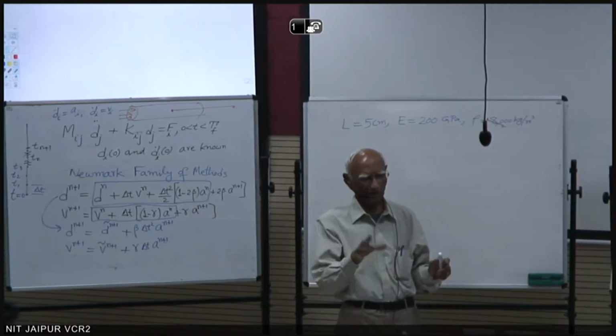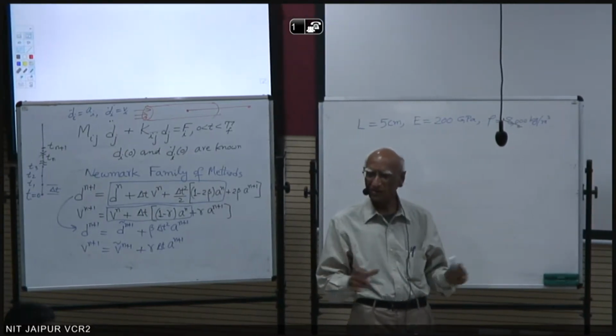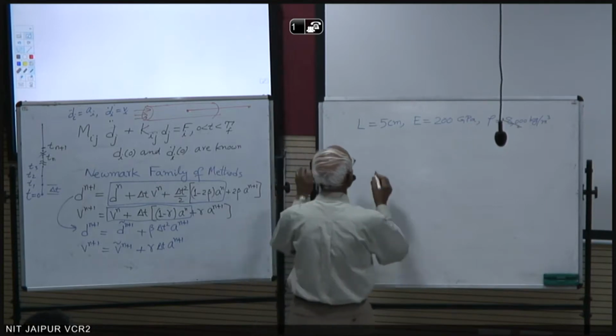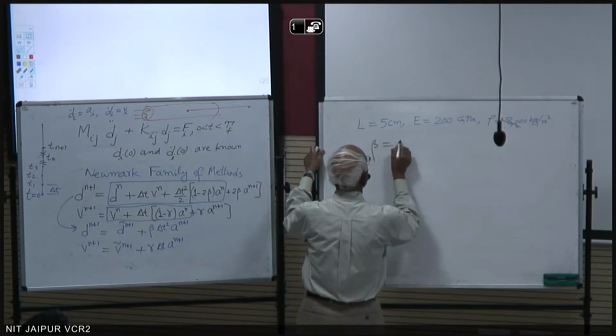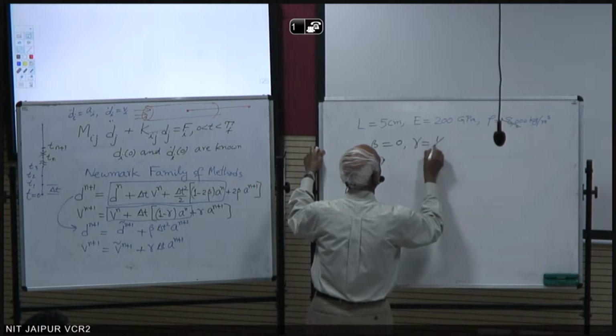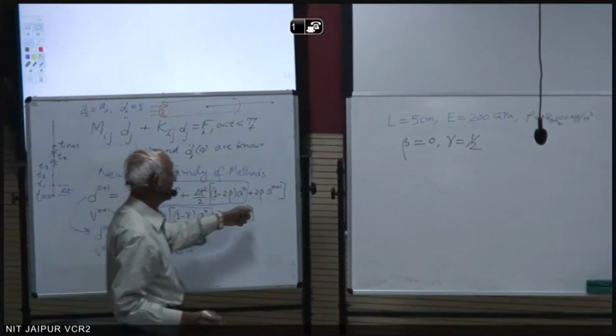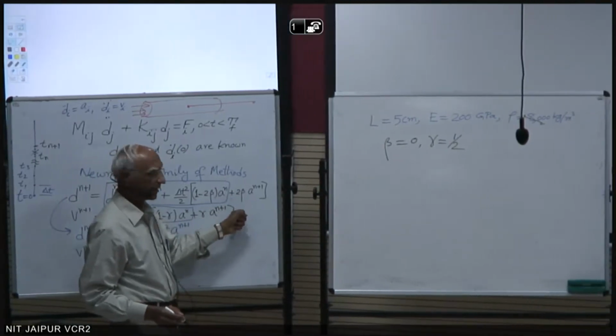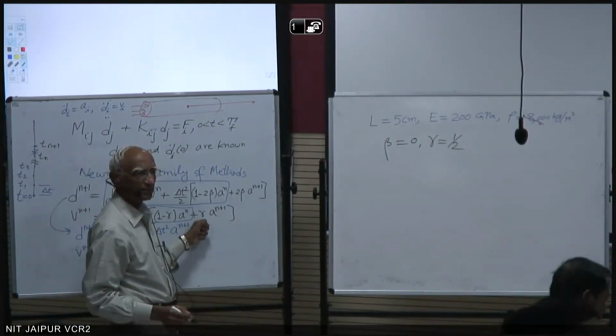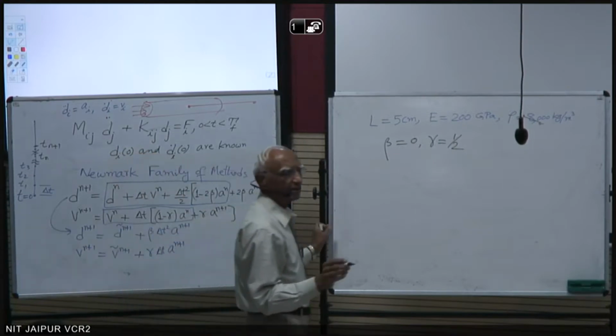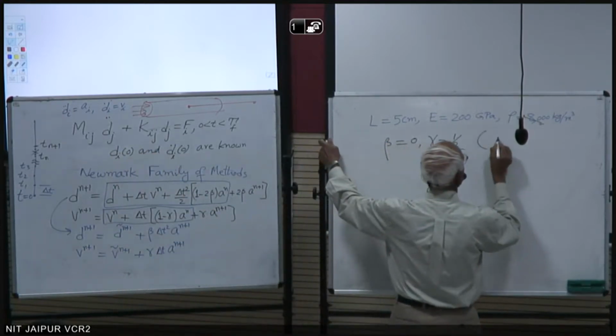It will work faster. So let's use beta equal to 0, gamma equal to 1/2 in the Newmark family of methods. In the literature, this is called the central difference method.